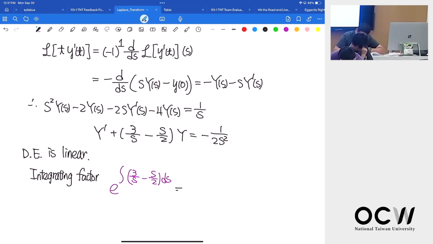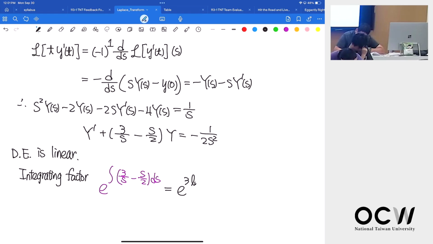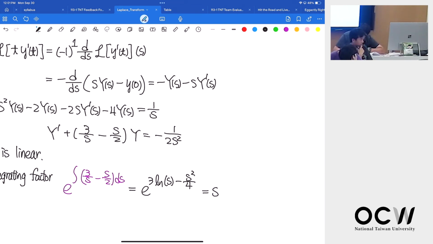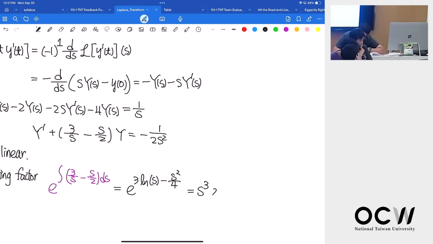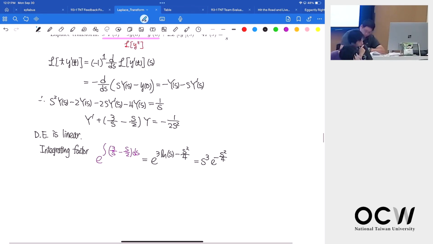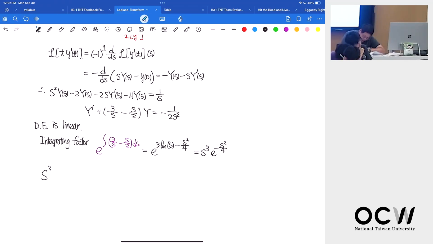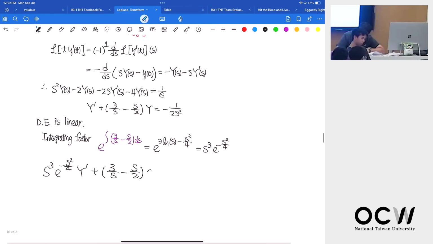That gives you e to the 3 natural log s minus s squared over 4, which is s cubed e to the minus s squared over 4. So you times this integrating factor, s cubed e to the minus s squared over 4, with y prime, and the second term I also need to times s cubed.